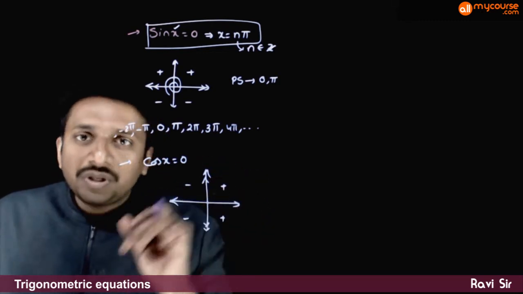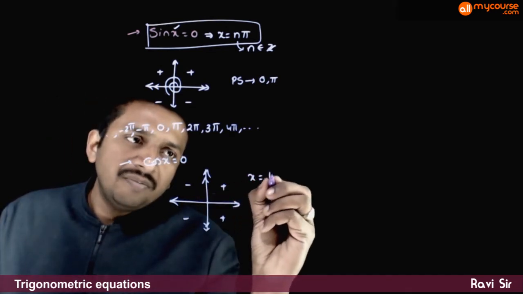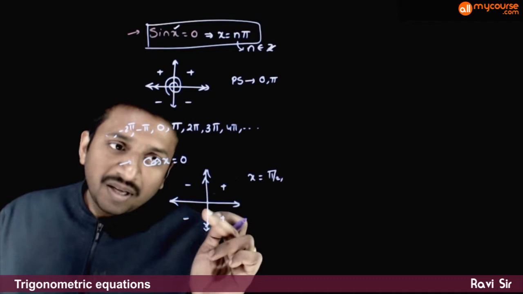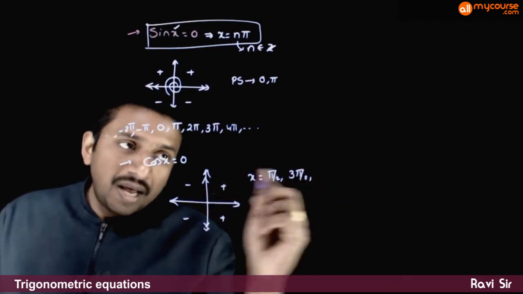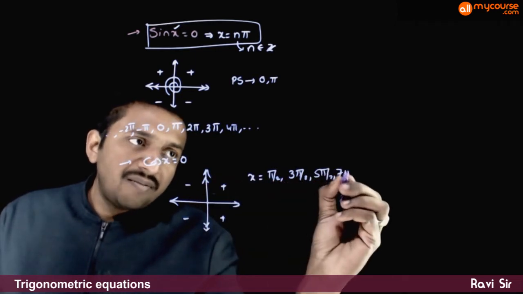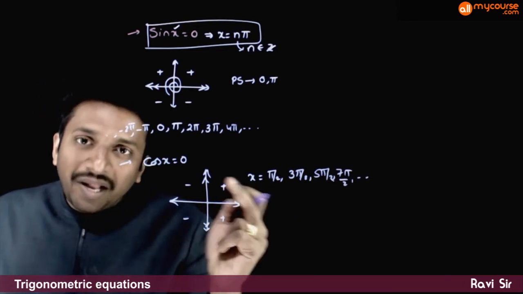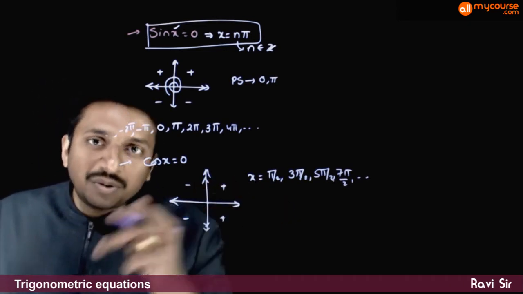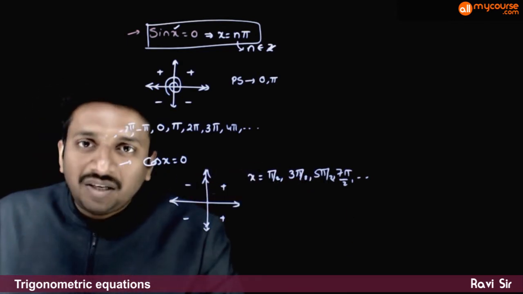So these are the two positions which we want. So what are the solutions for this? x is equal to pi by 2, and this position is 3 pi by 2. In the second rotation you have 5 pi by 2, then 7 pi by 2, so on. You can go to negative values also, minus pi by 2, minus 3 pi by 2, so on. All these are solutions to the equation cos x is equal to 0.